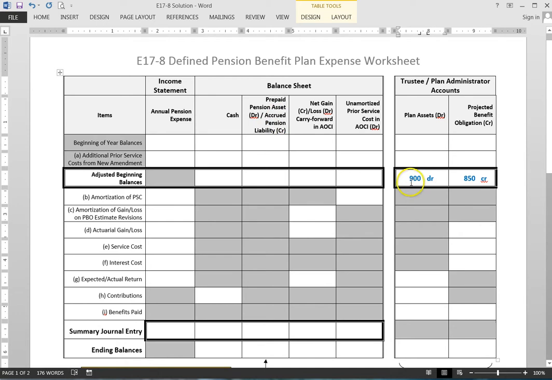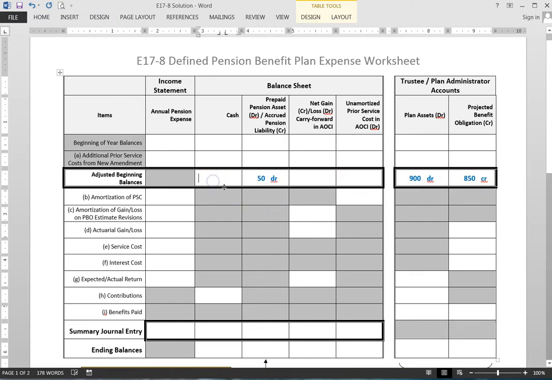In this case, we can see that the plan assets exceed the PBO by $50,000, and so in fact we have a $50,000 debit balance here. And so that's the first step in navigating our way through the worksheet. So we have a $50,000 debit balance, and that's because plan assets are exceeding the PBO by $50,000.